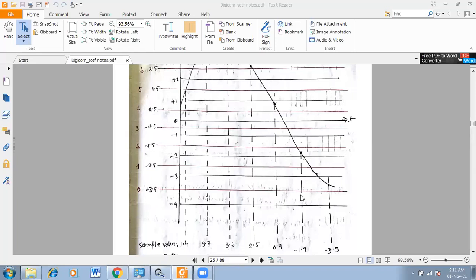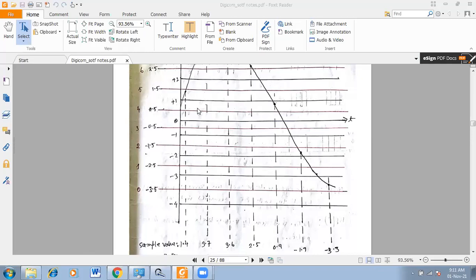Okay, so what will be the power of 2? It will be 3. So 2 to the power 3. That means, what does this number 3 mean? Okay, so this 3 basically is representing the number of bits. Everyone please listen carefully. This 3 basically represents the number of bits required to code each and every sample value.